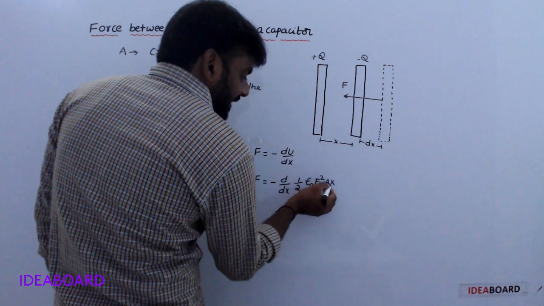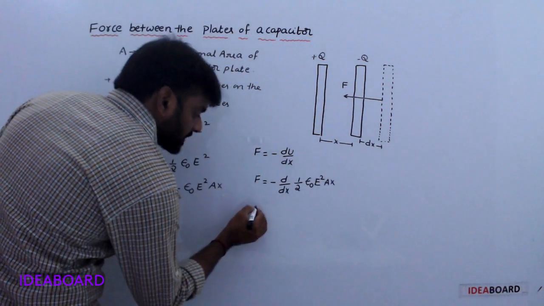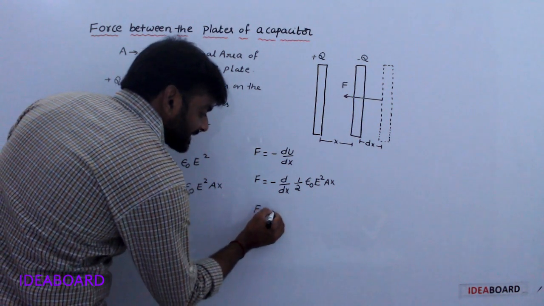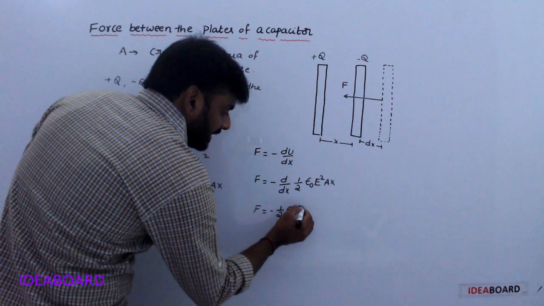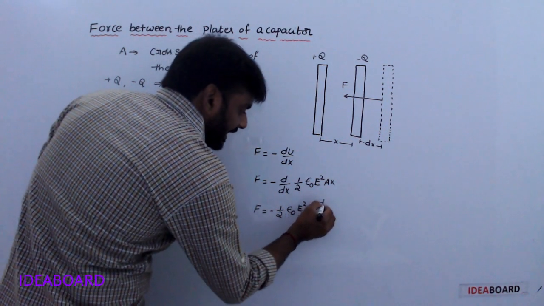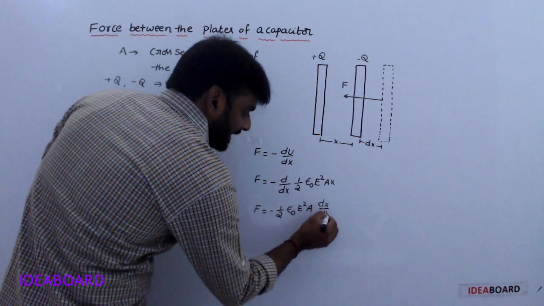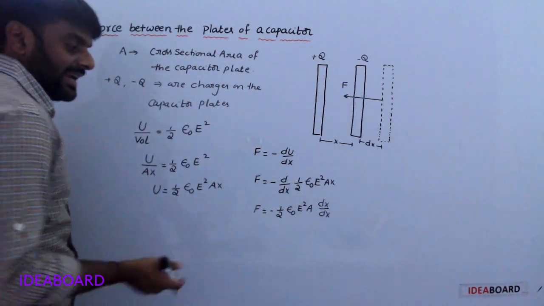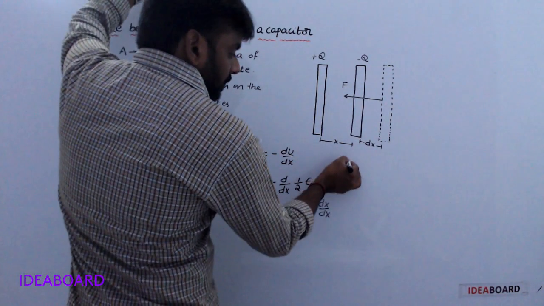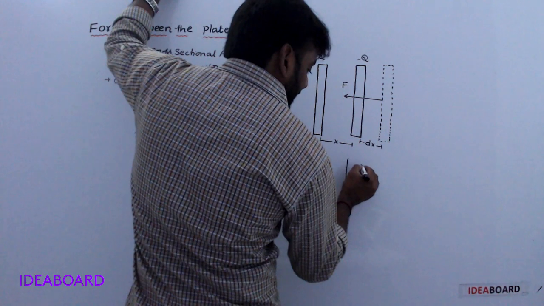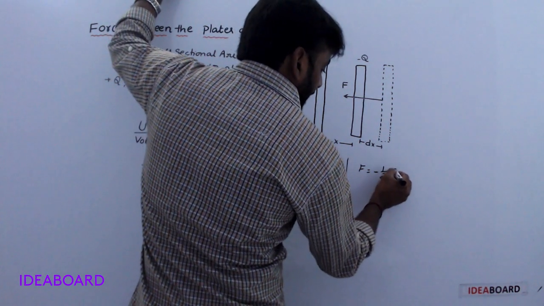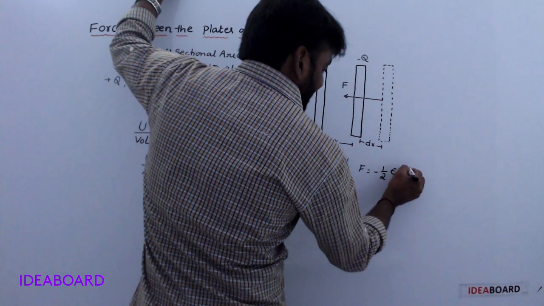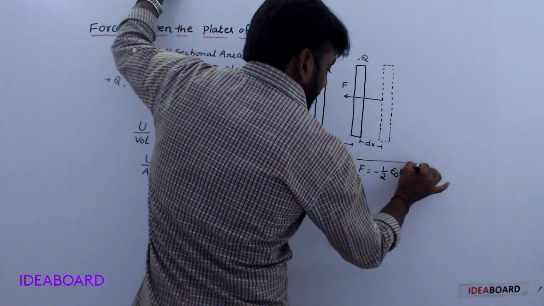Taking the constant outside, minus half epsilon naught E square A dx by dx, and dx by dx is 1. So the force is F equal to minus half epsilon naught E square A.